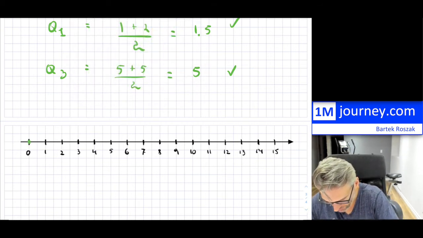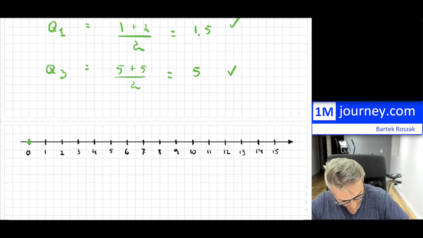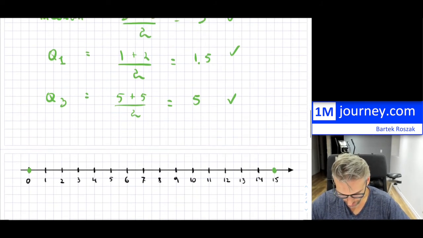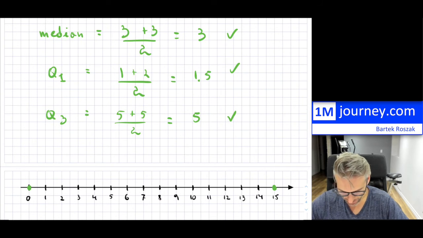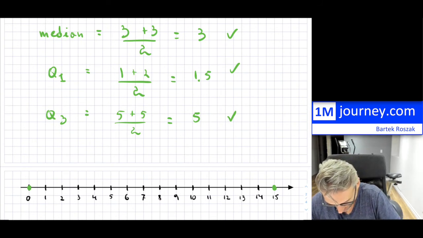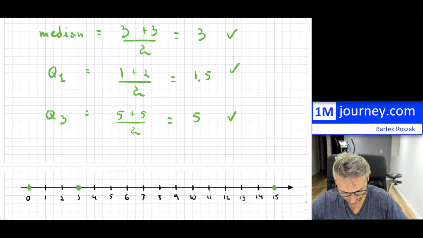So this is going to be 0. Here is 15. Now my median is going to be 3, so notice that's right here. We'll put a box around there.